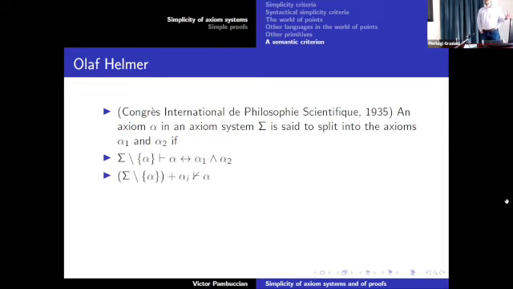Each of those axioms that you've split alpha into is weaker than alpha. Yeah? They're strictly weaker than alpha. And the axiom system without alpha does not prove alpha 1 or alpha 2.